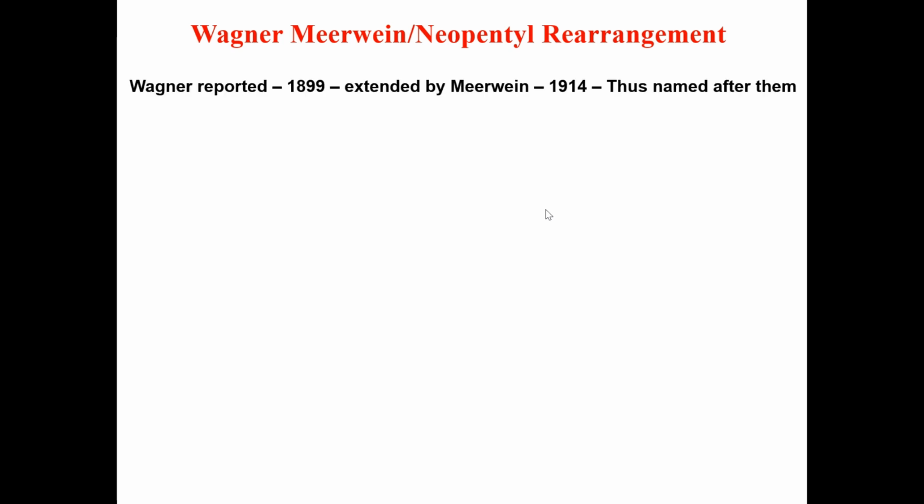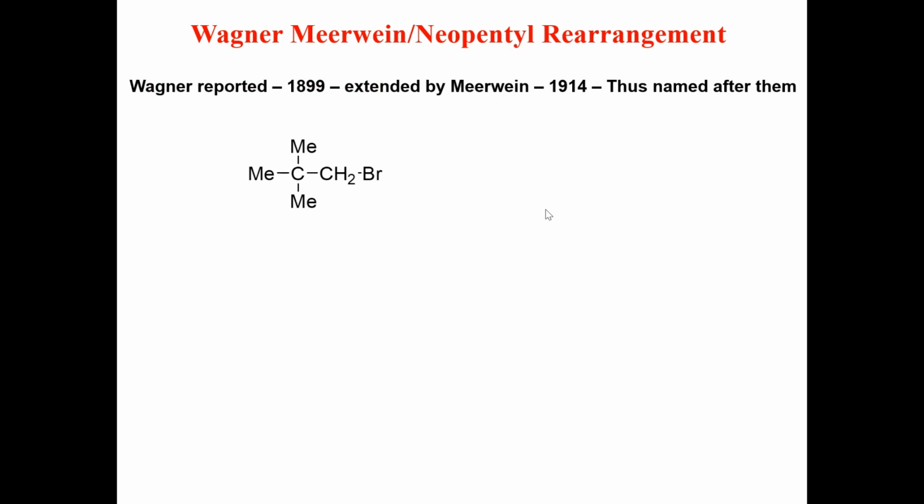Another rearrangement which a carbocation can undergo is the neopentyl rearrangement. This is also called the Wagner-Meerwein rearrangement. Wagner reported this rearrangement for the first time in the year 1899, and further it was extended by Meerwein in the year 1914. Hence, they are named after them.